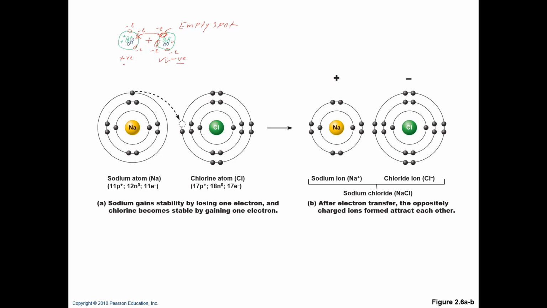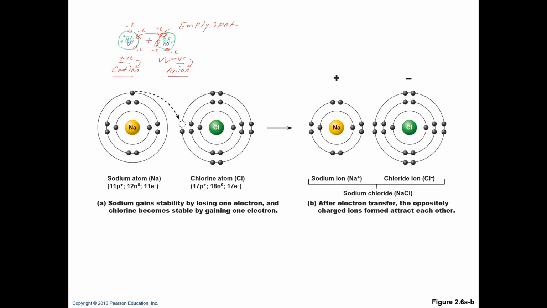So the first one will become a positively charged atom, which is called a cation, and the negatively charged atom is called an anion. Okay, negative is anion, positive is cation. So now both are ions. So cation is positive ion, anion is negative ion.